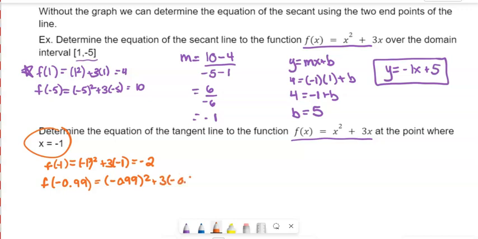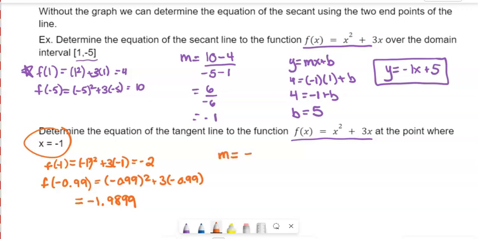And I'm just plugging this into my formula. Okay, and I have already calculated this. I don't know this in my head, so I had to calculate this in my calculator, and this gives me 1.9899. Okay, my next step is to find the slope.